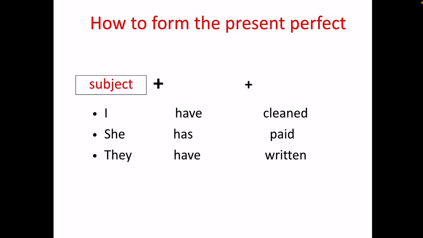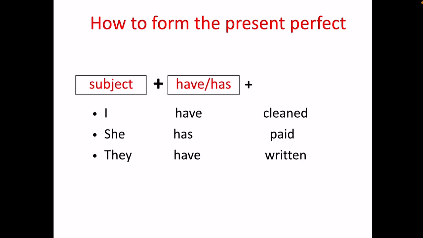And then I have have or has. I choose have or has according to my subject. And again, if my subject is singular, I use has. And if my subject is plural, I use have. إذا كان الفاعل مفرد نختار has وإذا كان الفاعل جمع نختار have.